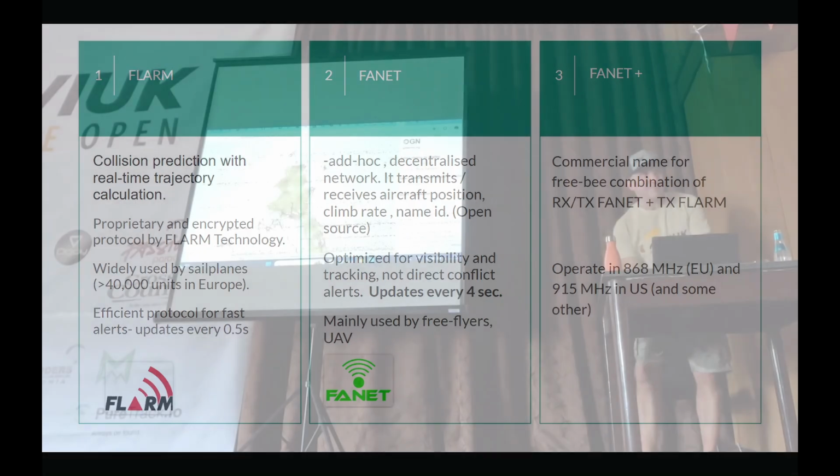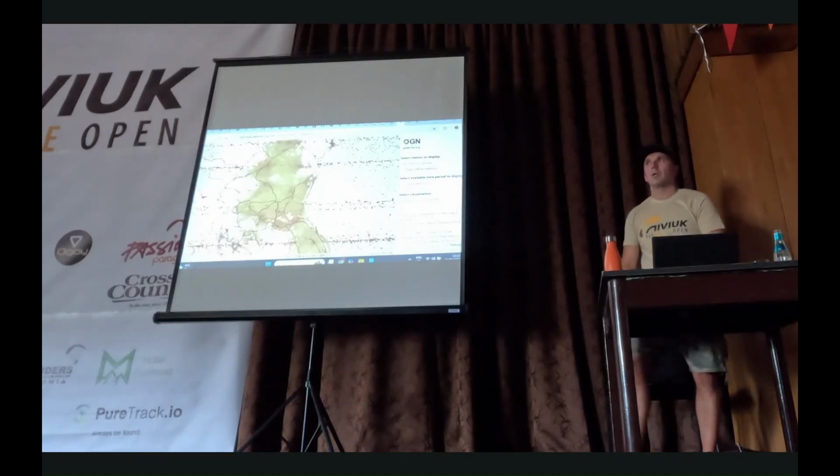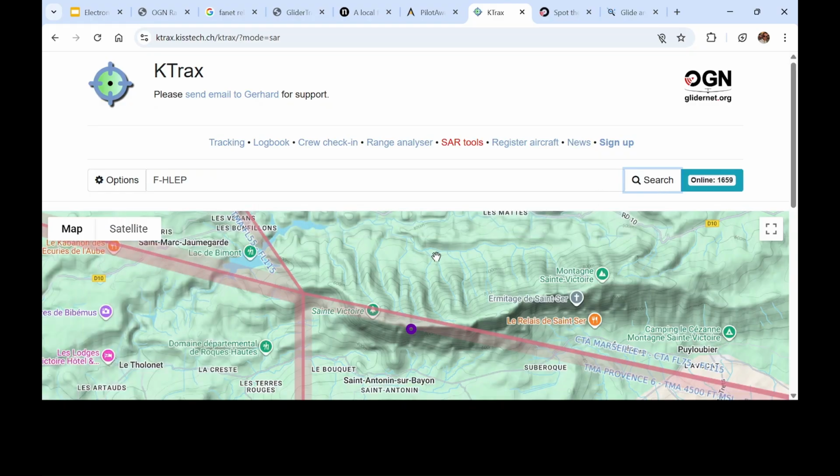You mentioned that the emergency services could use this. Do they actually have the capability? Yeah, they can utilize various maps like glidernet.de to check the last position of the airplane. There are also other tools like search and rescue.